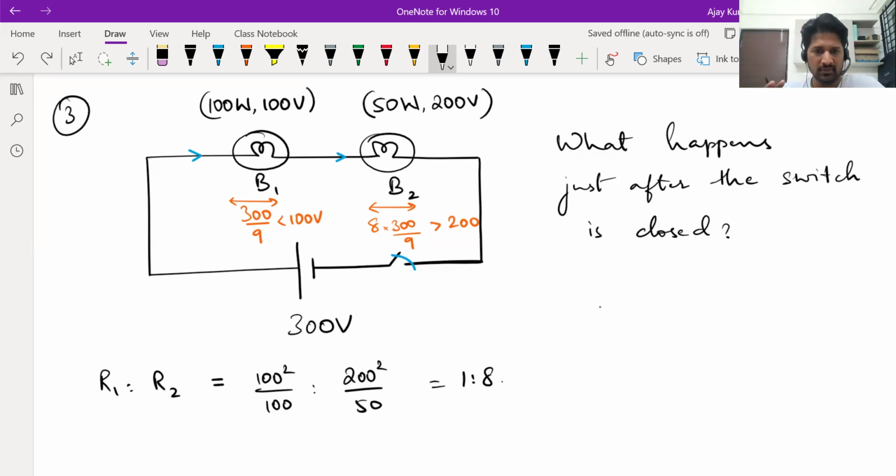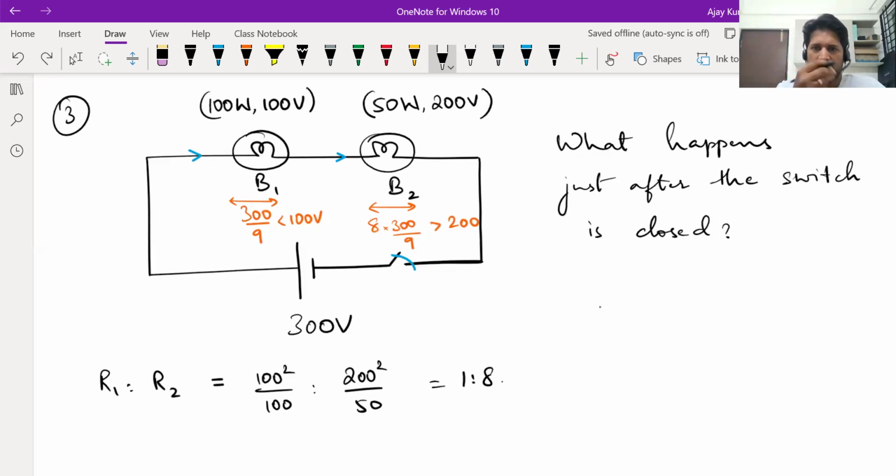So if you connect this series combination to a 300 volt supply, based on the resistance ratio, we can tell that the second bulb gets a voltage share of more than 200. The moment you close the switch, it may glow for a nanosecond or so, but it will immediately get fused.